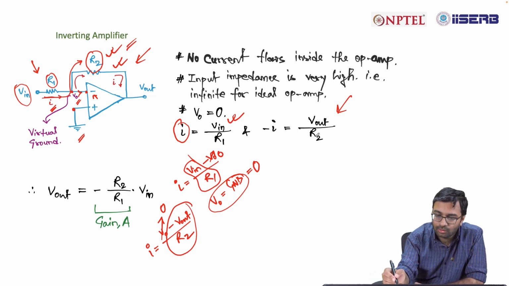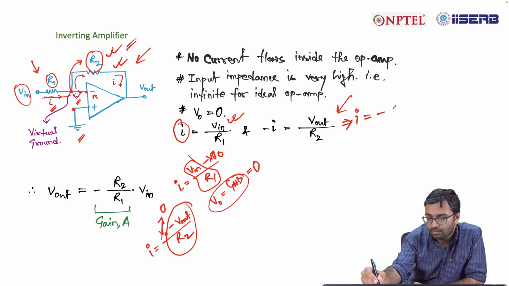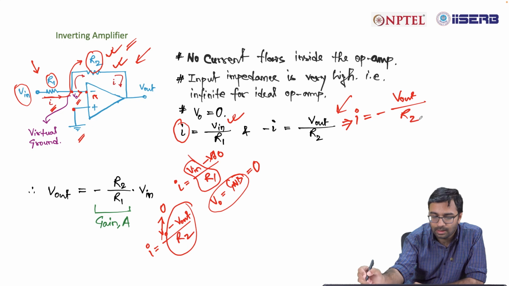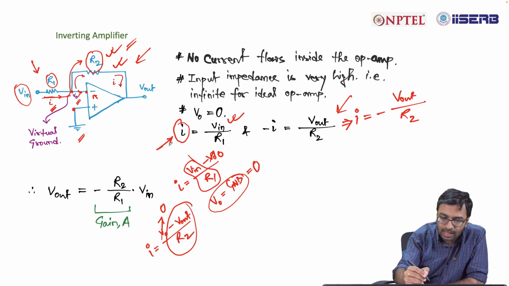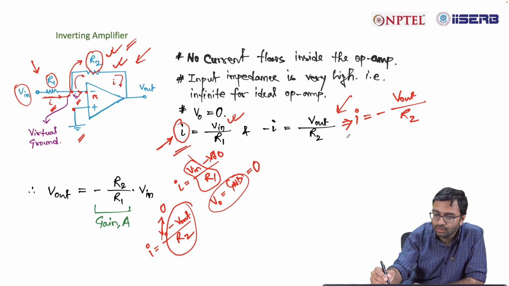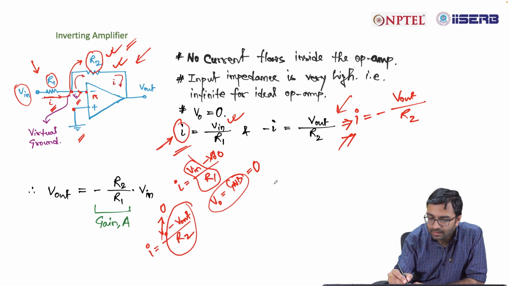Now replace the value of I from this equation into the earlier equation. Then you will find that V in by R1 is equal to minus V out by R2.